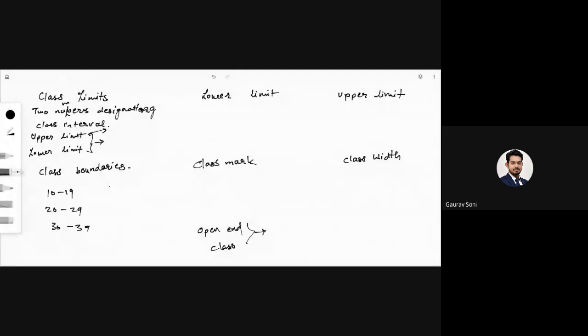I'll make it continuous by say 9.5 to 19.5, this will be 19.5 to 29.5, this will be 29.5 to 39.5.